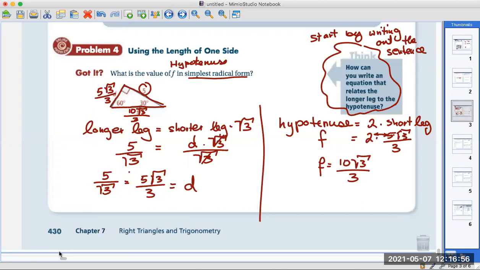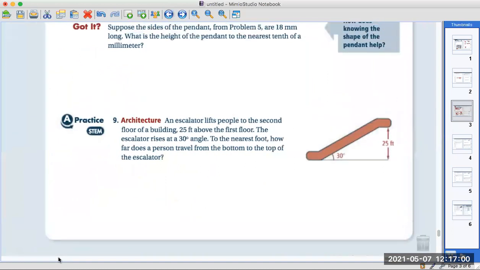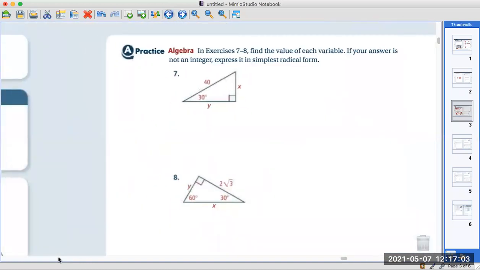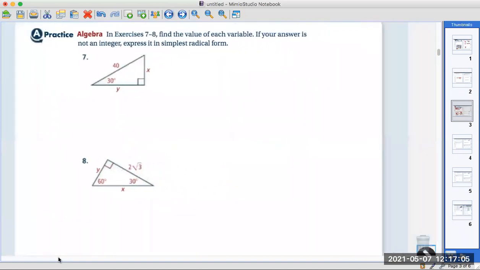All right, so we're moving on to the next page, and this is page 431. I'm on top. Let's do number 7, find the value of each variable. We've got x and y. Your answer may not be in simplest radical form. So far, we've kept all our answers in radical form.